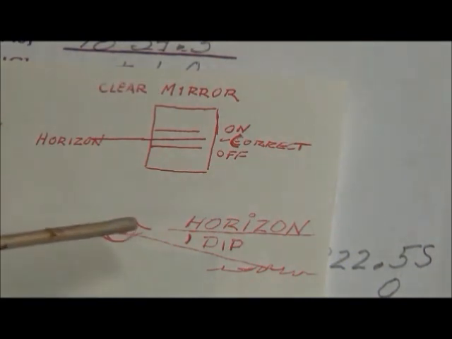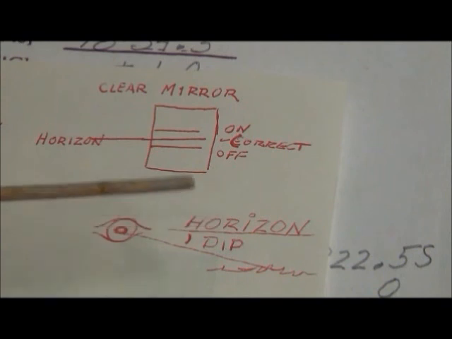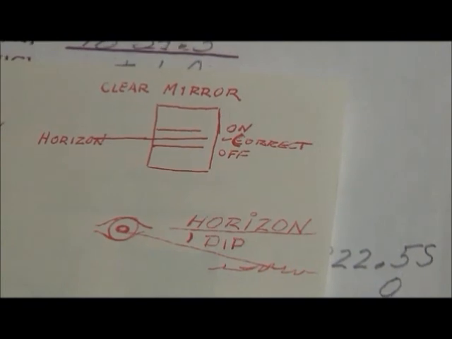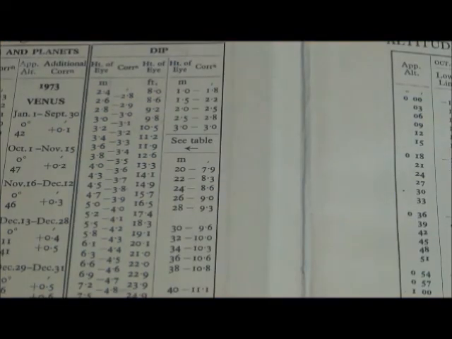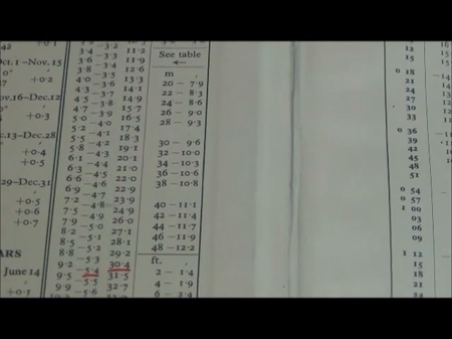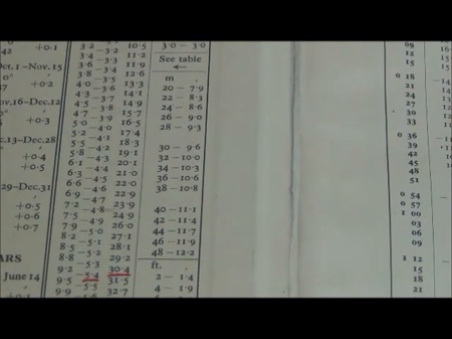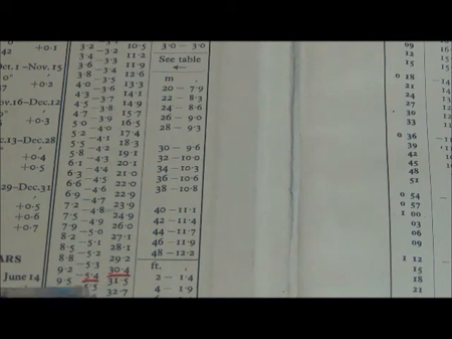So you go in for the height of eye, which we said was 31 feet. And you get that out of the Nautical Almanac under dip. Go down to 31 feet, and you find that the correction is 5.4.